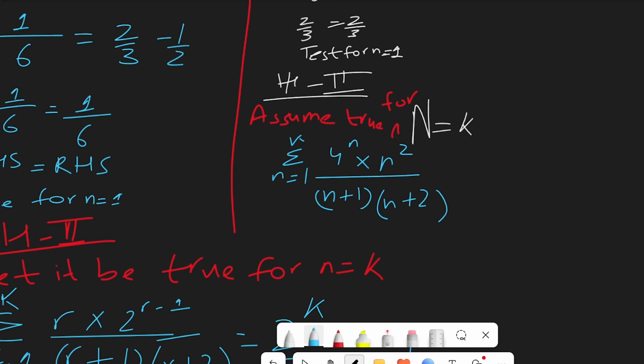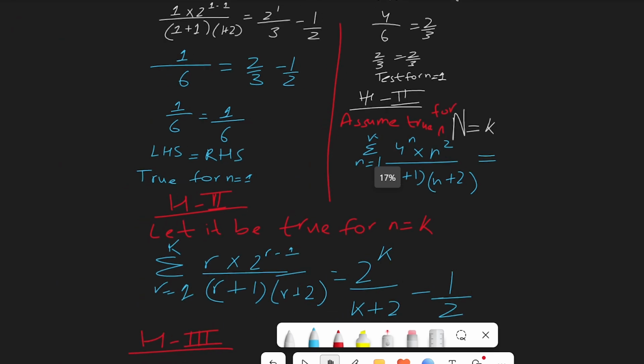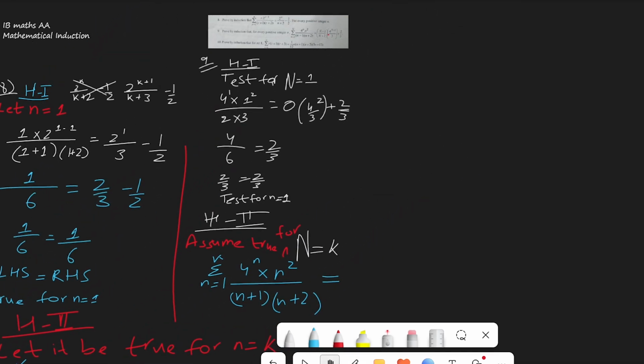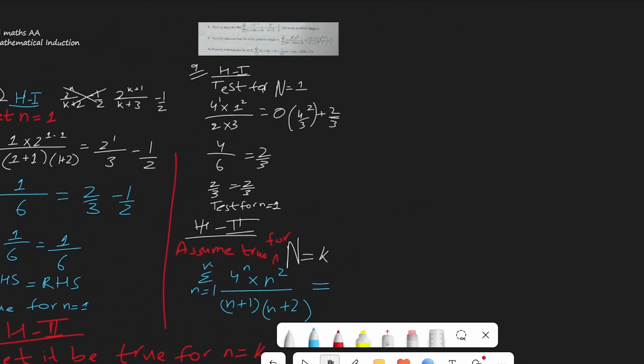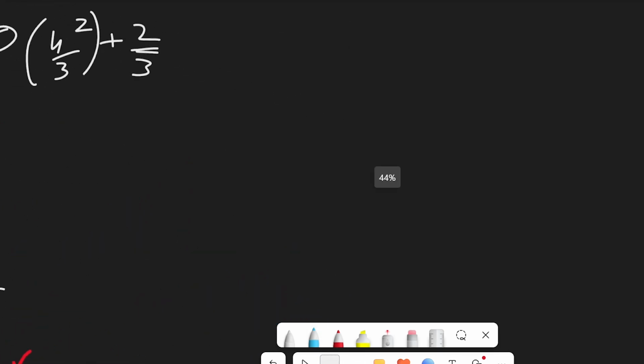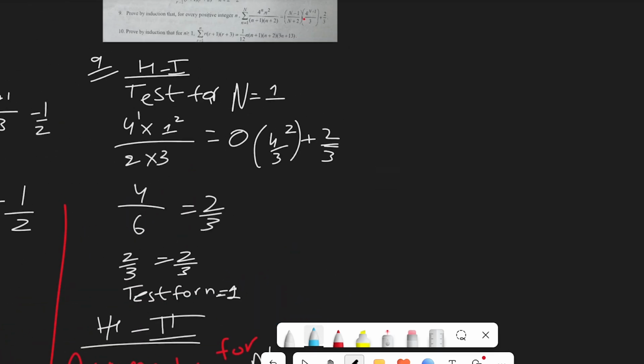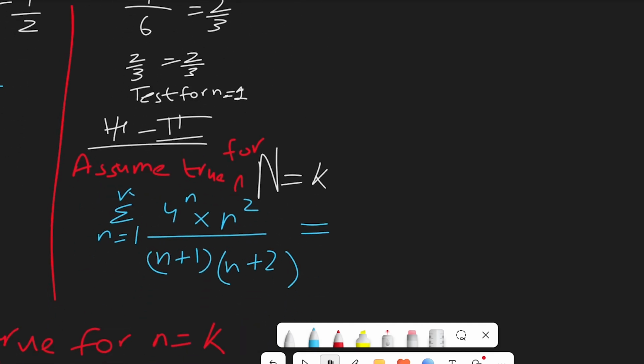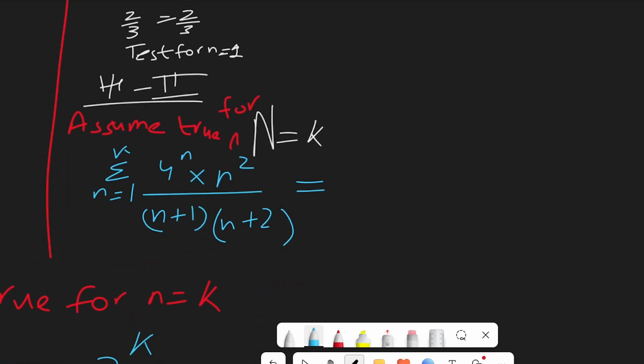Okay, that would be equal to n minus 1 over n plus 2, 4 power n plus 1 over 3, plus... Okay, so it means k minus 1 over k plus 2.